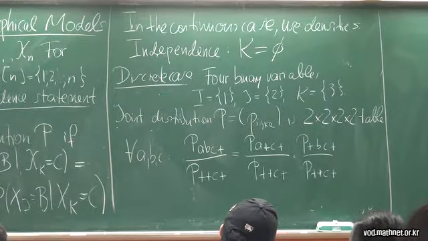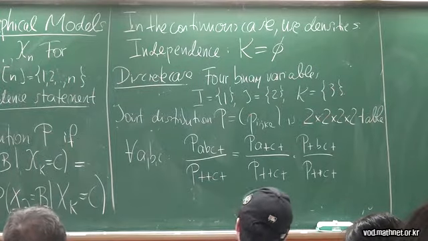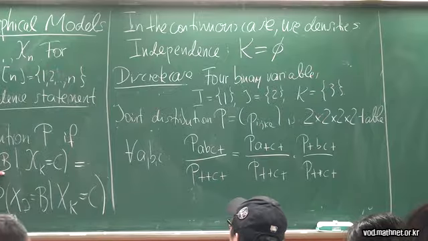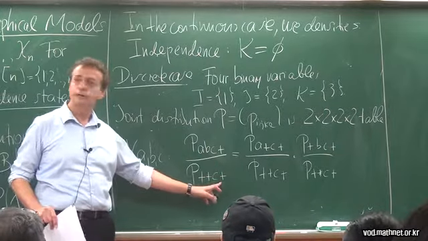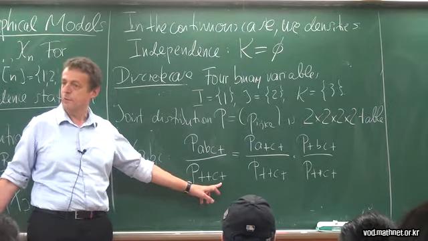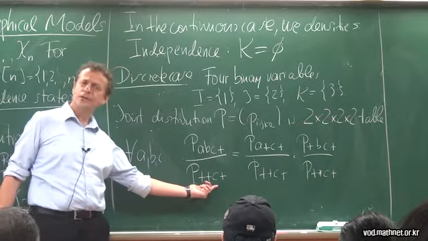So the conditional probability that the first variable is in state little a and the second variable is in state little b, given that the third variable is in state little c, is this fraction. And we're summing out the fourth variable. We're not making any statement about it. So that's this ratio, provided this number is not 0.